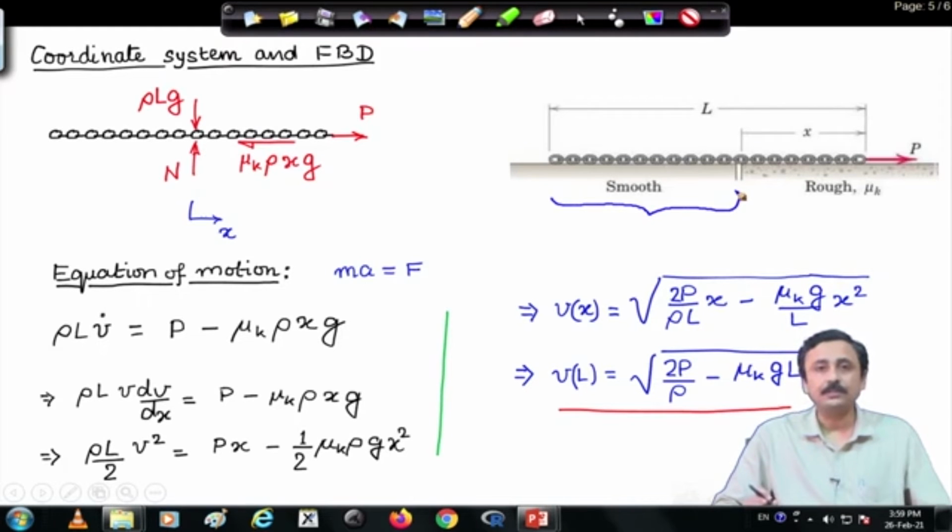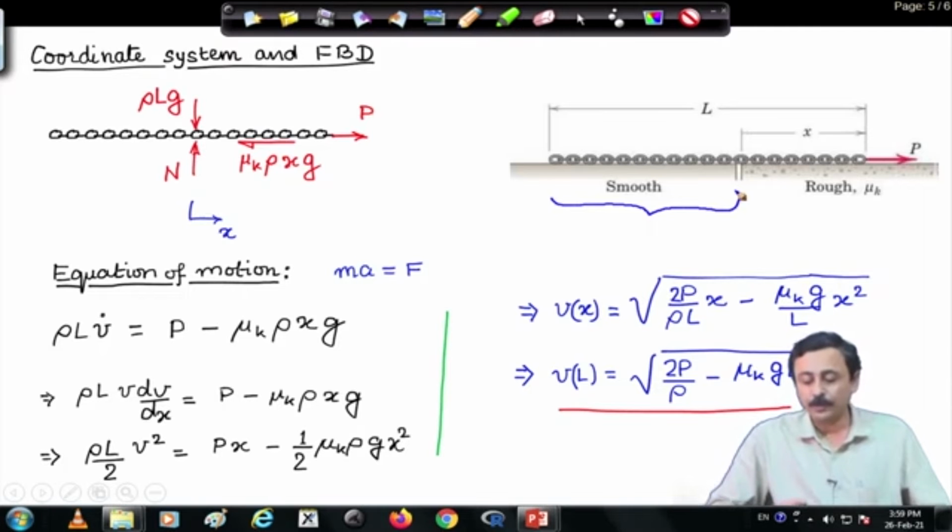If it becomes negative, that means it starts decelerating, then the part of the chain which is on the smooth side will keep moving, it does not know how to stop, because there is no resistive force on that part. So, it will keep moving at constant velocity, whereas the other part of the chain decelerates.